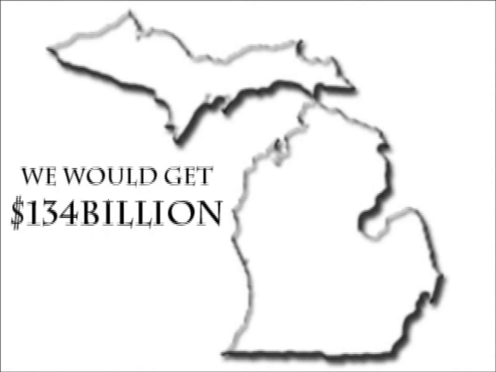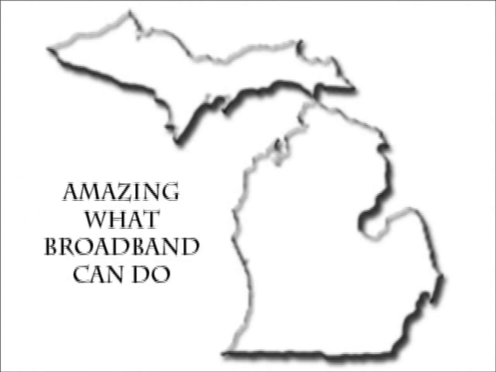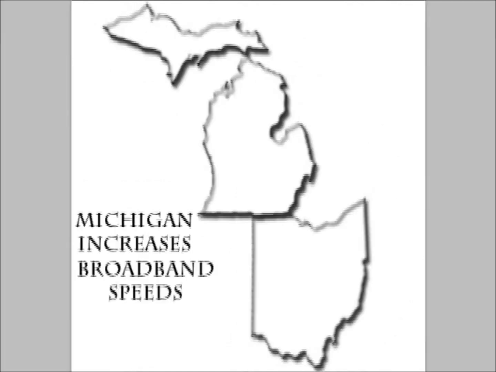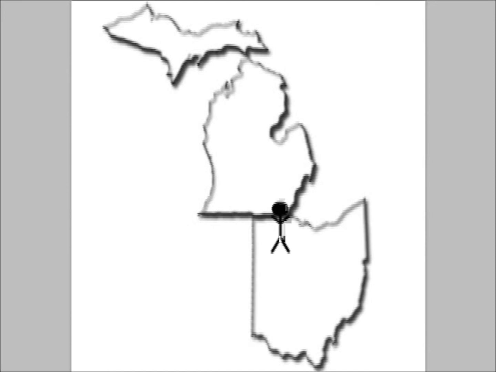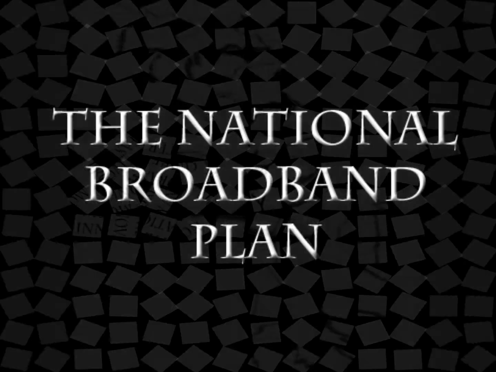Connected Nation is an organization committed to making affordable high-speed access available to all of America. In 2007, they issued a report saying that if every state increased its broadband adoption by only 7%, their economy would benefit $134 billion. This benefit comes from many new businesses moving to these areas. Access to faster broadband would also allow for more innovation to occur.